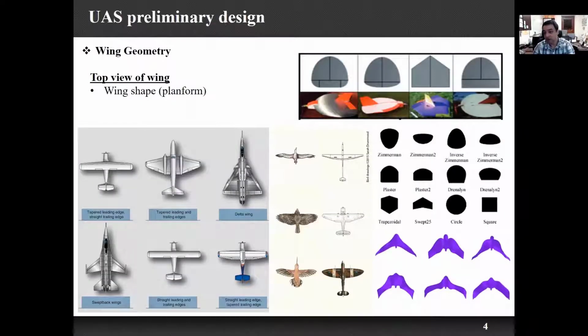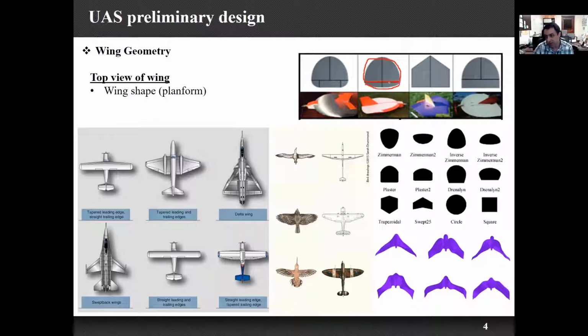You will see different wing shapes for fixed wing micro aerial vehicle drones. This is called Zimmerman, or you can have an inverse Zimmerman. In this geometry, we have half of an ellipse. One ellipse is here, and another ellipse is here.